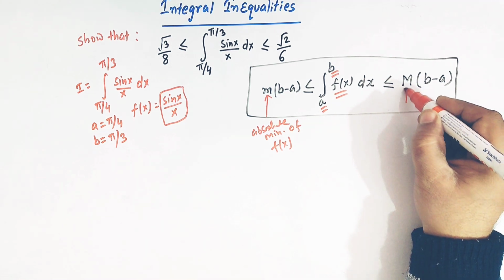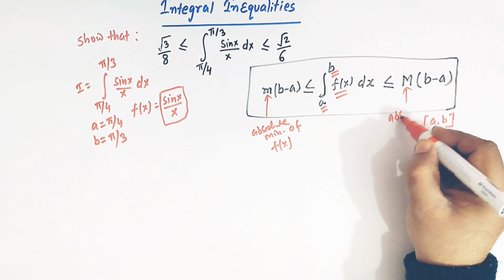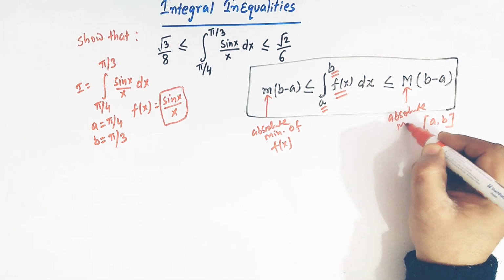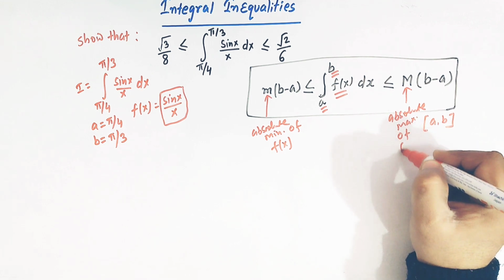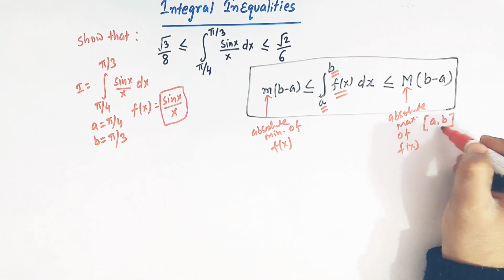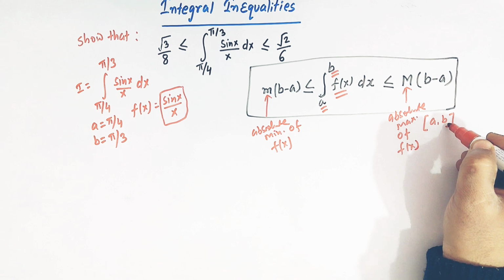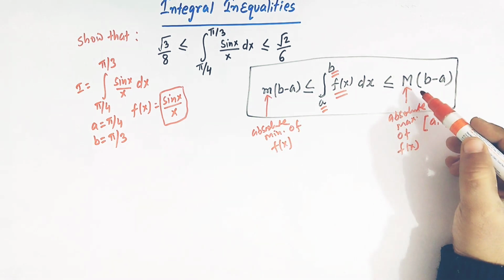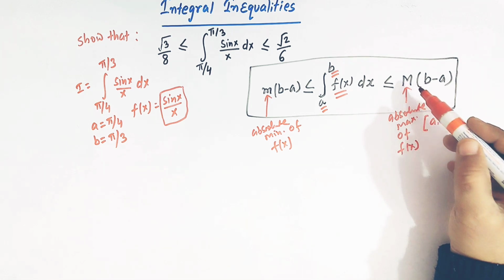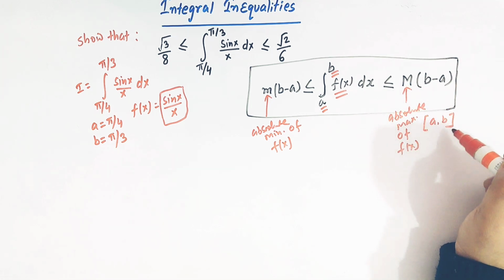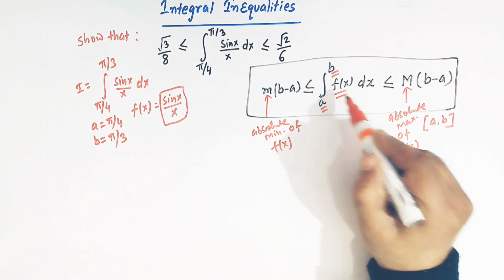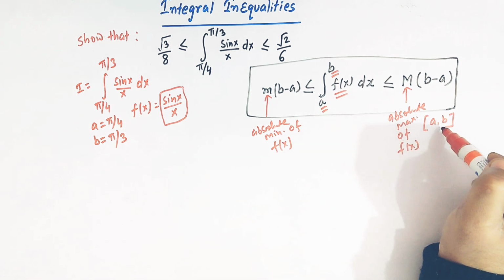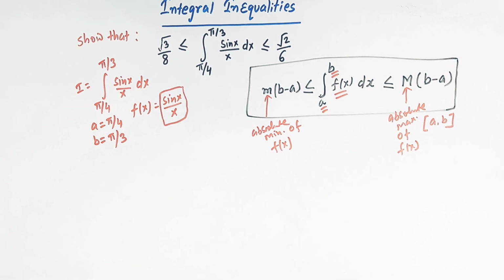And this capital M is the absolute maximum value of f of x in the interval a comma b, right? So the small m is the global minimum and the capital M is the global maximum value of this function f of x in the interval a comma b.